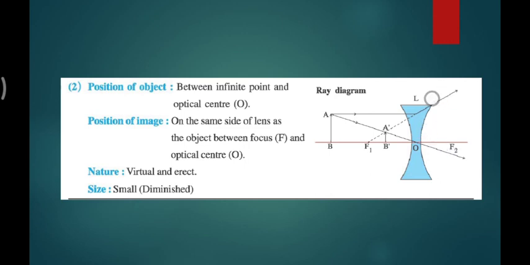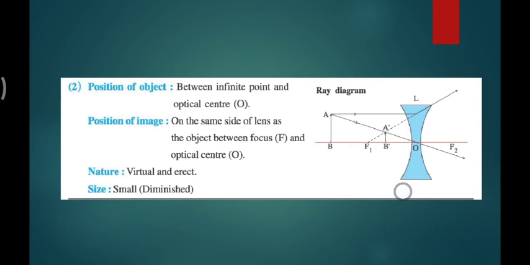They meet at one point and the image will be formed. So in the concave lens, your image is formed between the optical center and the focal point, and it is by extension, so it is clearly virtual, it is erect also, and it is smaller than the object also.